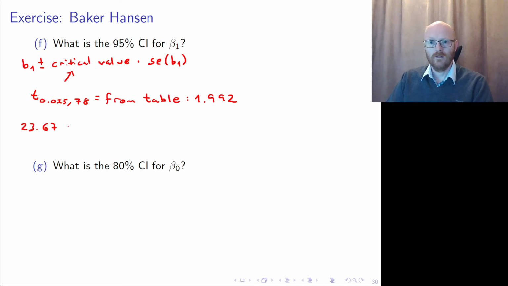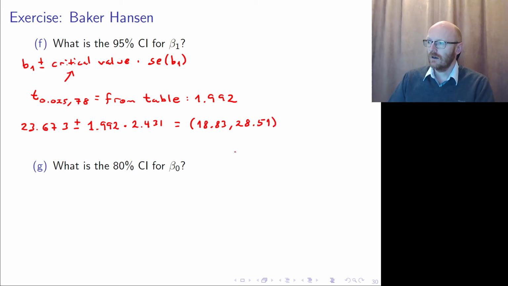It's 23.673 plus minus the critical value 1.992 times the standard error of our coefficient, which was 2.431, which gives us a range of 18.83 to 28.51, and that's the confidence interval.